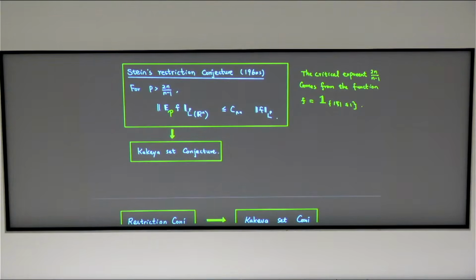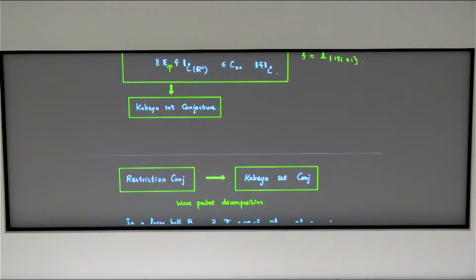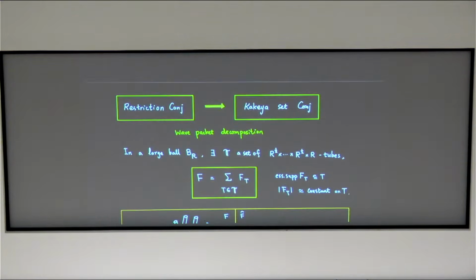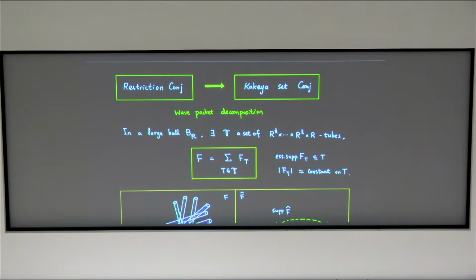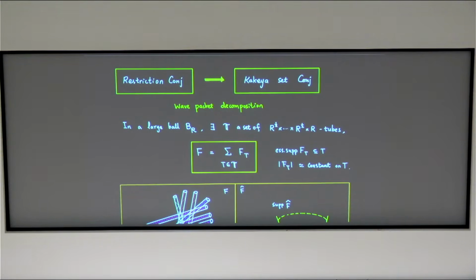But usually the implication goes the other way, meaning that one usually needs to understand the Kakeya set very well in order to make some progress on the restriction conjecture. Also, as Josh talked about in his first talk, the way the restriction conjecture is related to the Kakeya conjecture is via the wave packet decomposition introduced by Jean Bourgain in the 1990s.